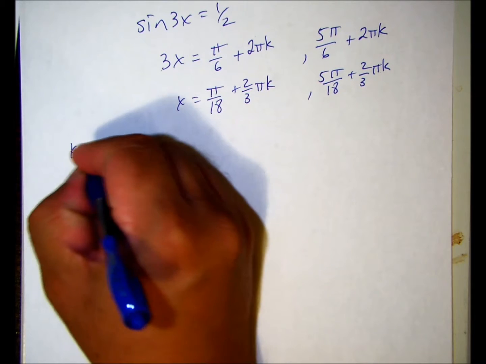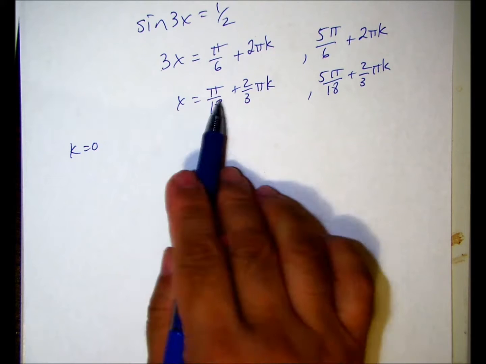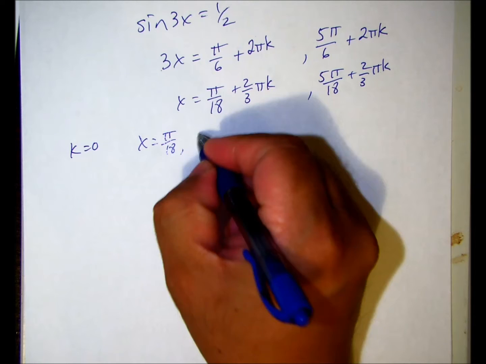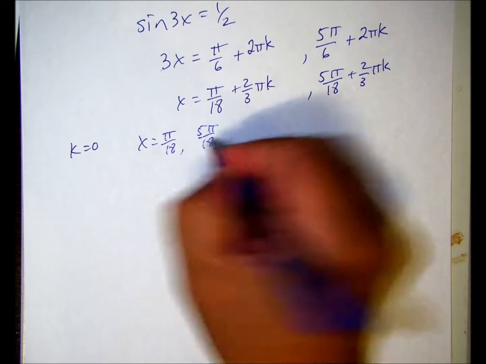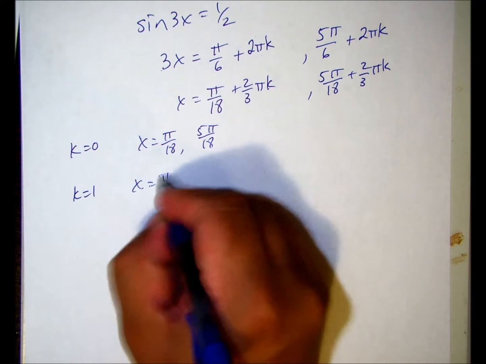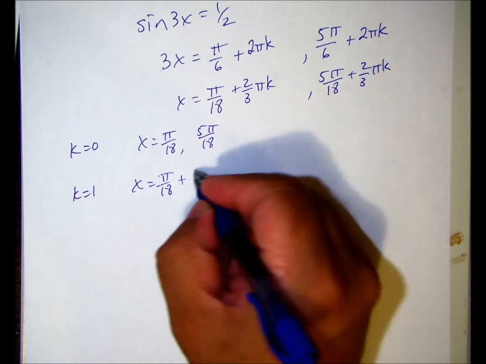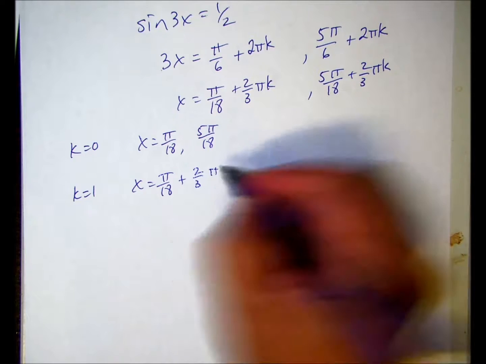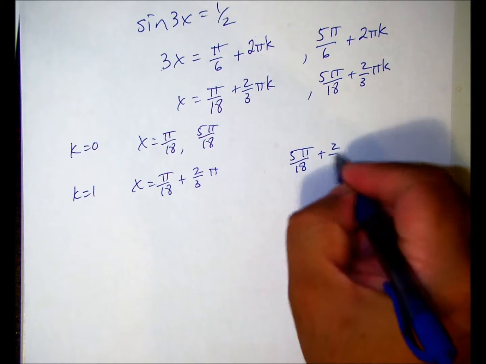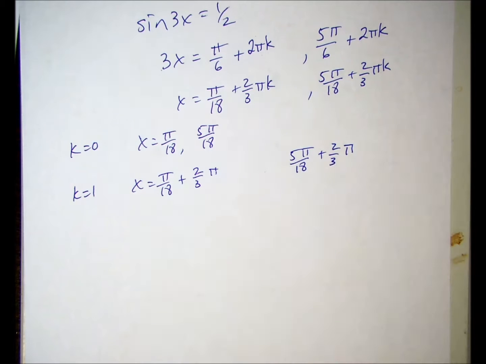Alright, for k equals 0, it's just going to be the ones I have here. So it's going to be x equals pi 18ths and 5 pi over 18. For k equals 1, it's going to be pi 18ths plus 2/3 pi, and the other one's going to be 5 pi over 18 plus 2/3 pi, and we should simplify that.